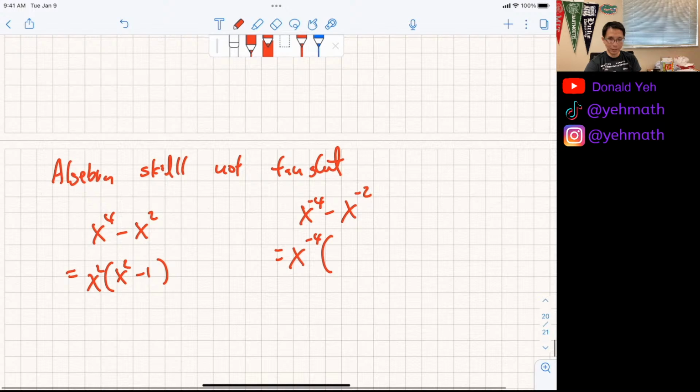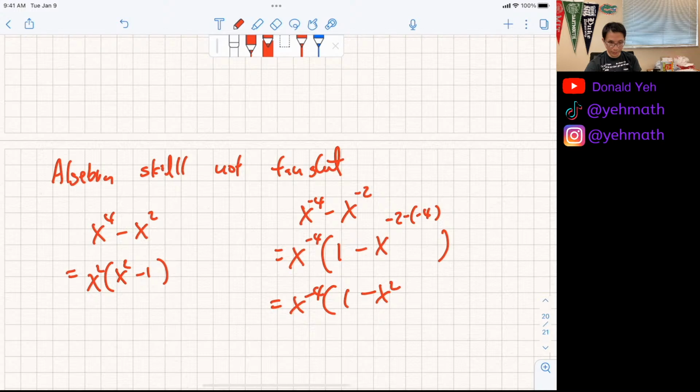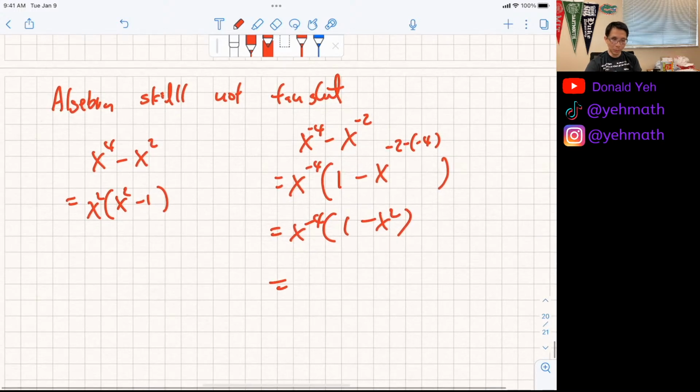Anything to the 0 power is 1. And what will be the second part? X to which power? Negative 2 minus negative 4. So it's going to be x to the negative 4 times 1 minus x squared. So it's going to be 1 minus x squared over x to the 4th.